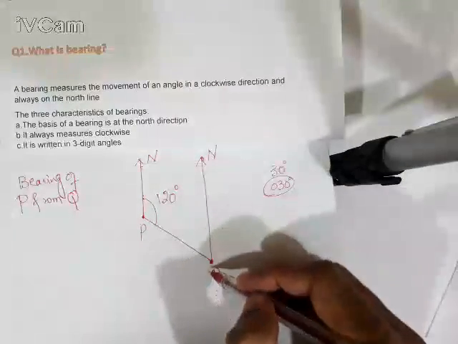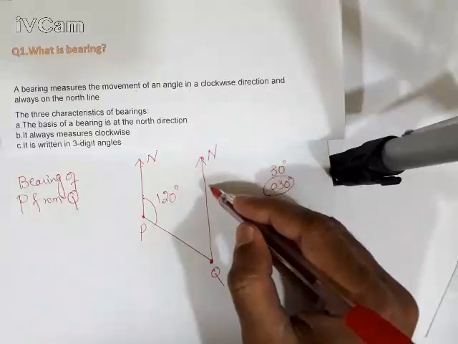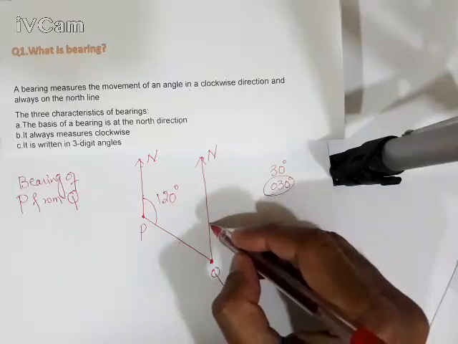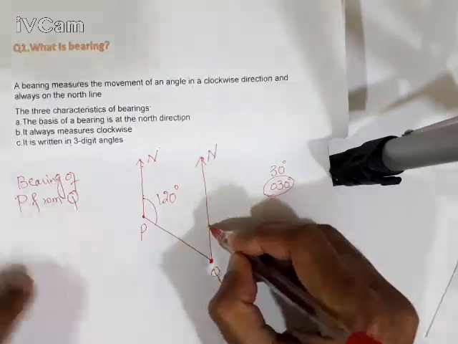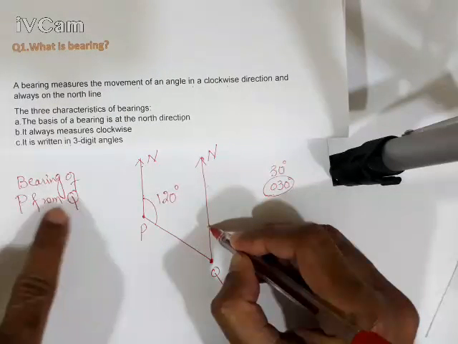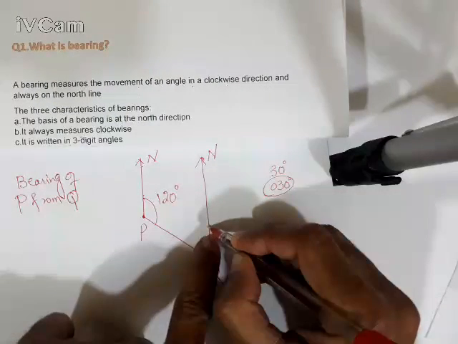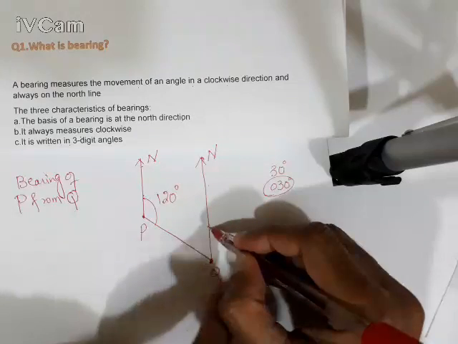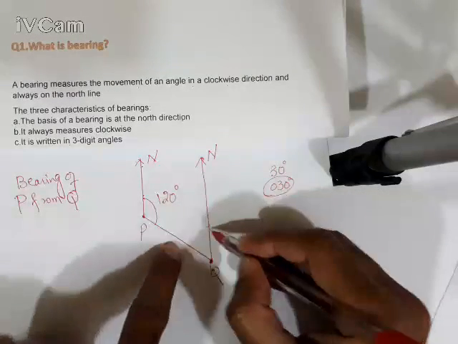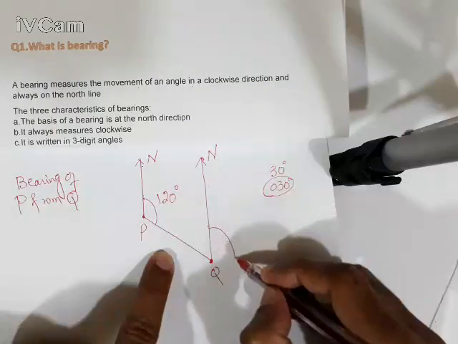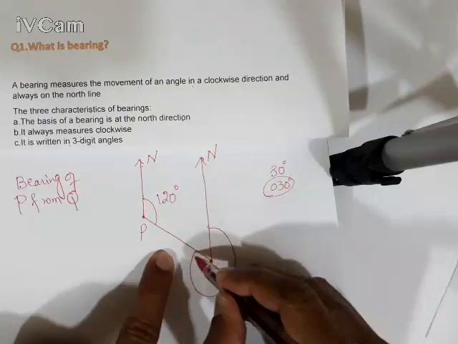First of all you draw a straight line and write N and move in the clockwise direction. So from north and from point Q you will move toward the P line.